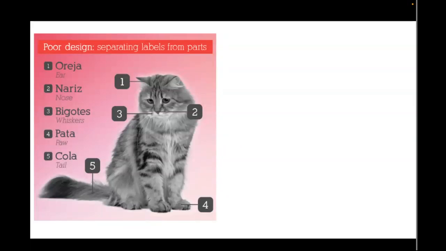Here's another example of that. This, believe it or not, is actually considered poor design, when I have the answer key or the labels separate from the parts that they're describing. Because in this particular instance, if I want to find where the error is, I have to match the number 1 in my word list to the number 1 on the diagram or the image that I am pointing to.